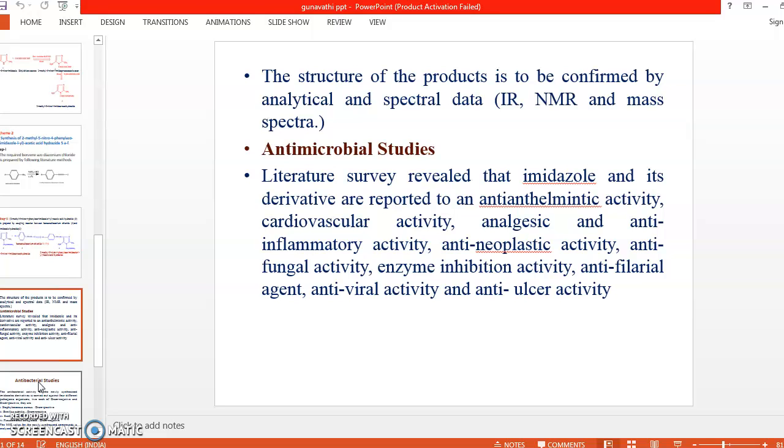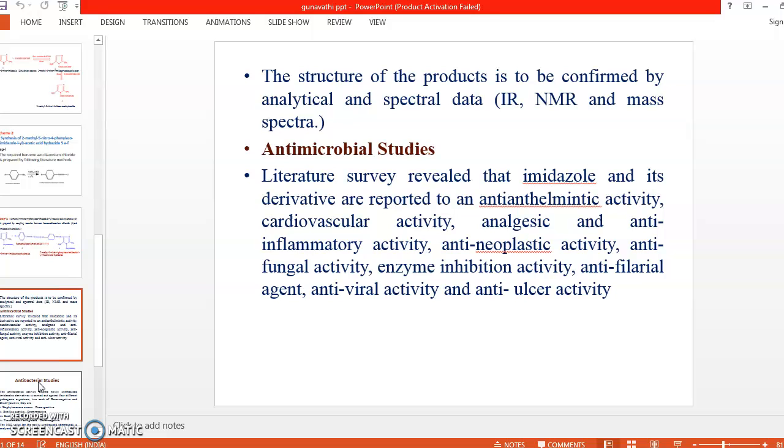I am going to tell about what the biological studies are. There are several methods, but for our organic compound, we must analyze antimicrobial studies, antibacterial studies, antifungal studies, and anti-cancer studies.